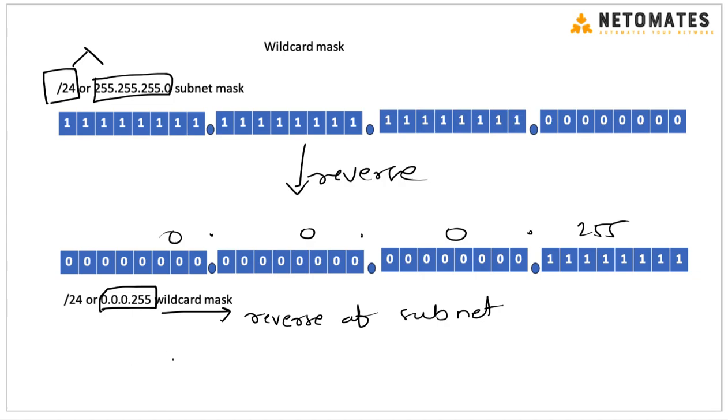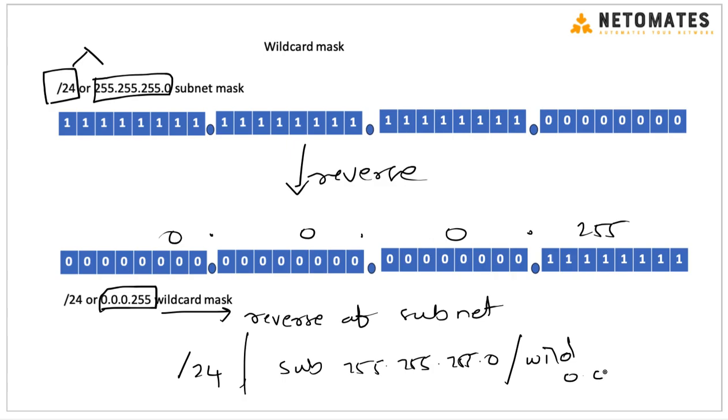So both are representing the same. If you want to represent a /24 network, this is one way, in the form of subnet mask it will be 255.255.255.0, or in the form of wildcard it will be 0.0.0.255. So these three are representing the same thing.